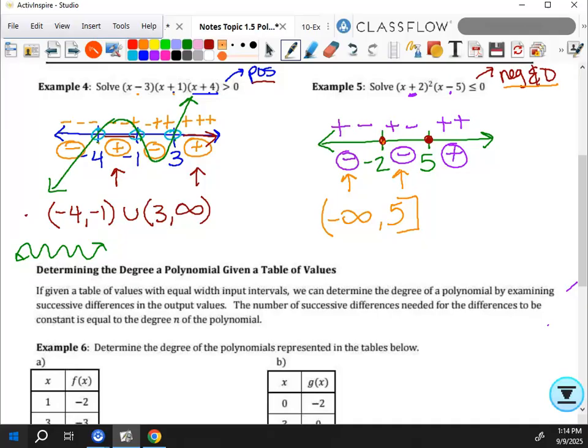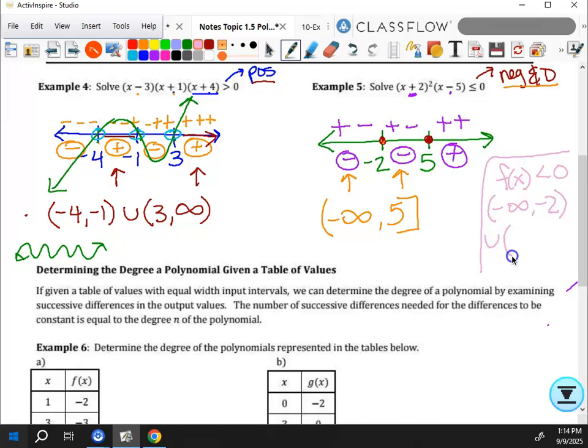Now let's pretend that for this one, we had f of x is just less than 0, that it wasn't less than or equal to. Then I would have to go from negative infinity to negative 2, and I'm not including negative 2.